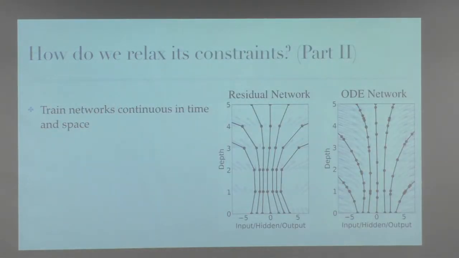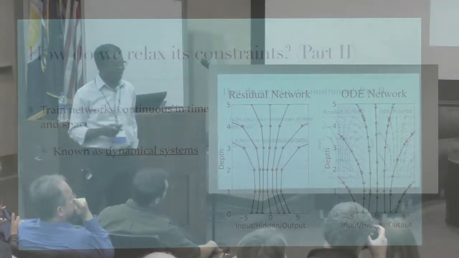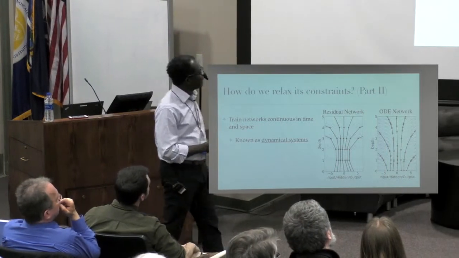There's another approach which has only recently become possible, which is to go all the way and train networks that are continuous in time and continuous in space. There's a paper that just came out, and it won one of the best five papers at the last NIPS, called Neural ODEs. Another name for these systems, for old-fashioned guys like us, is dynamical systems.